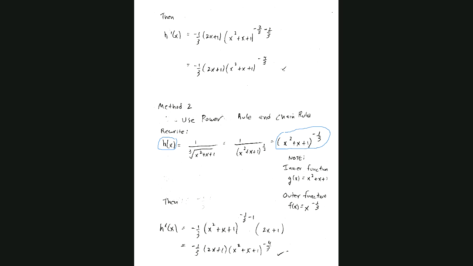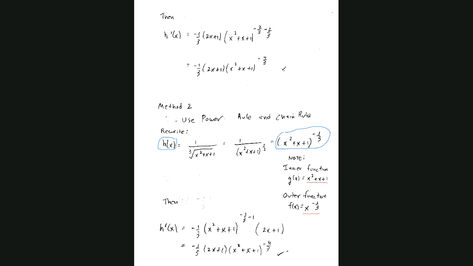All right. So here, the inner function is going to be x squared plus x plus 1. The outer function is going to be x to the negative 1/3. We need to identify the inner and outer function so that we can apply the chain rule properly.